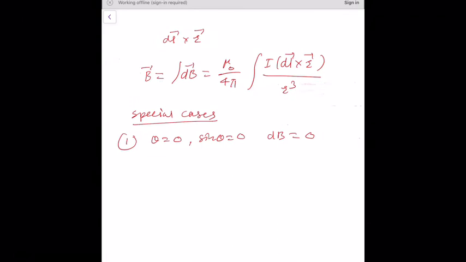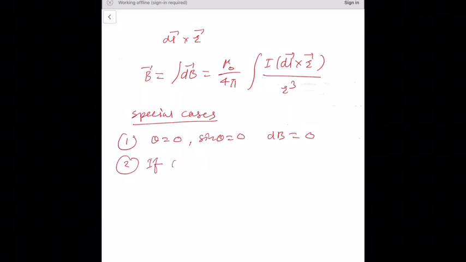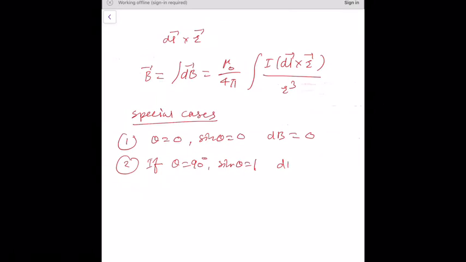That is, the magnetic field is 0 at points on the axis of the current element. And second case, if theta equal to 90 degree, so sin theta equal to 1, so that dB is maximum. That's all for today.